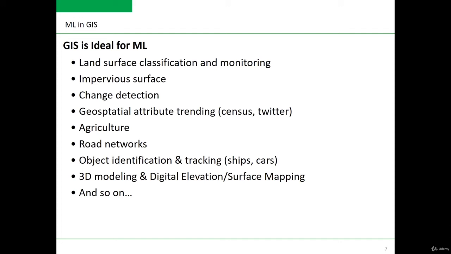We can use it for mapping impervious surface, for change detection tasks, for geospatial attribute trending, for extraction of, for example, road networks, cars, for object identification, ships, swimming pools, pedestrians, and so on, for 3D modeling, and more. There are numerous applications, and more applications are being created almost every day.